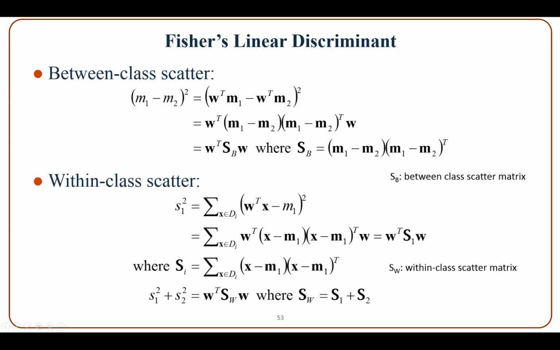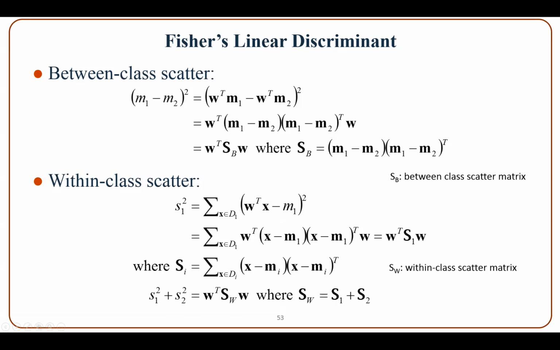Within class scatter S1 squared can be rewritten as W transpose S1 W, and in general Si is the sum over all the points in the corresponding class of (X minus Mi) times (X minus Mi) transpose.